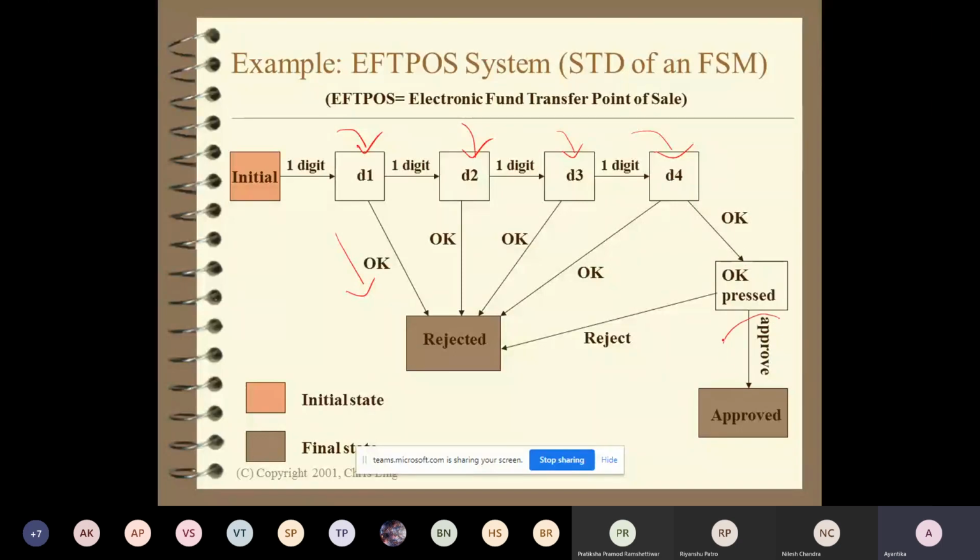Based on that, it will give an approved or reject input, and your request will be either approved or rejected. So this is the example of a basic state transition diagram for this type of electronic fund transfer based on entering your PIN.